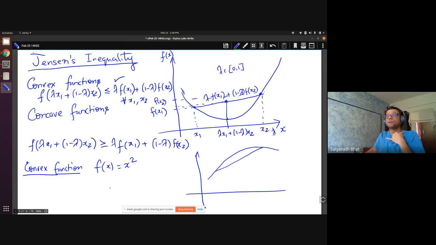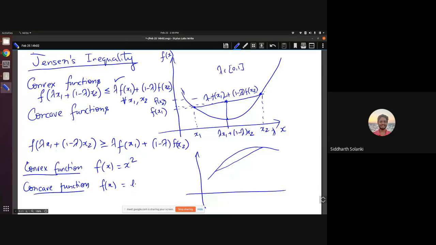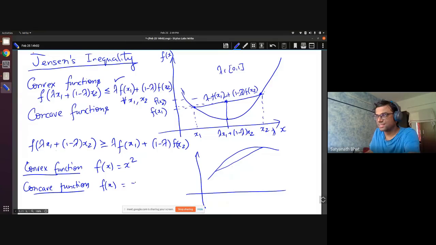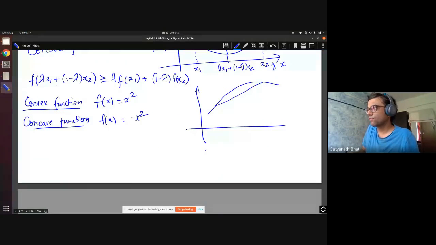And concave functions: f of x equal to minus x square is also an example. If you just flip it, you will get a concave function. But there are other examples also. How about log? How does that look? Can someone tell me the shape of log x?